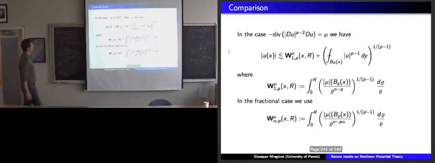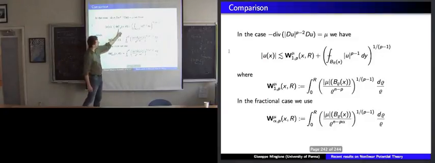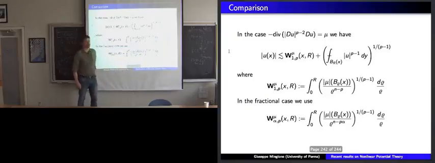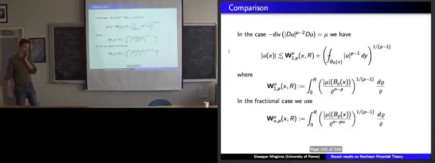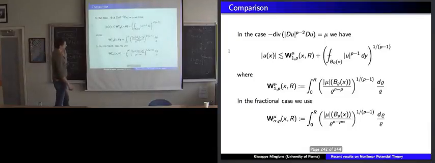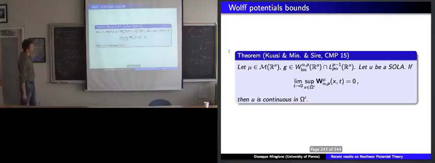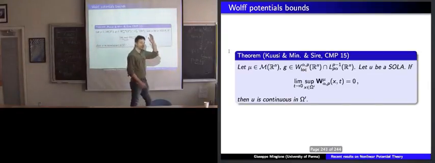Now you observe the differences with the local case. In the local case, you have W^{1,p}, the usual p potential, and here this is the alpha-p potential. So this is the analog of the potential estimate. And finally, we have also the continuity result, which tells you that if the Wolff potential goes to zero uniformly, then u is continuous.